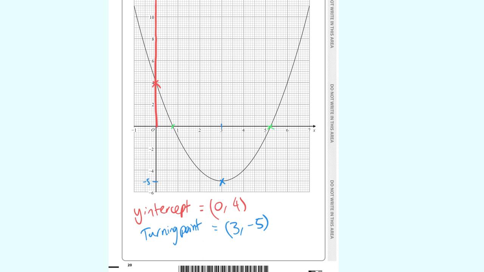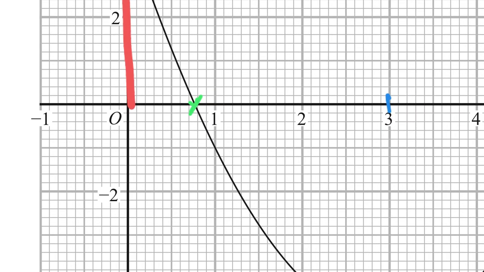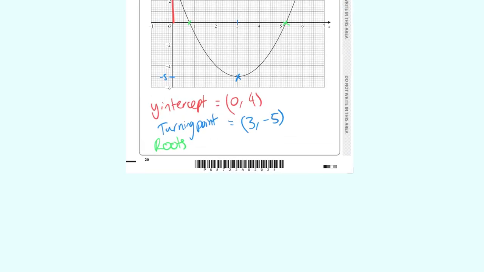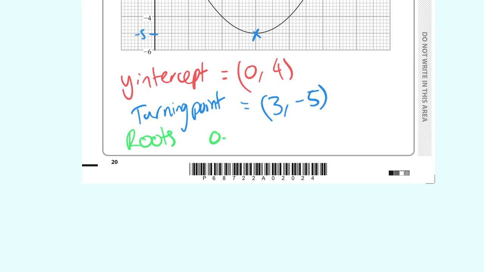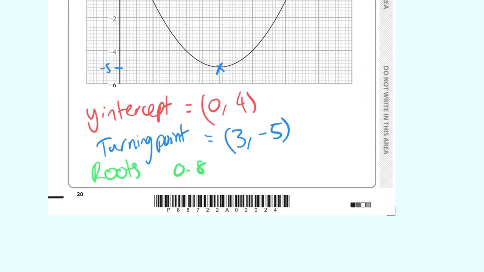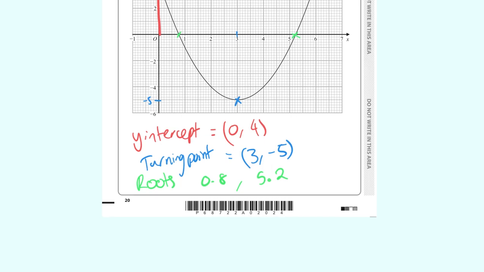Now they are estimates, so they don't need to be perfect. Alright, so we're looking, I think, what's that, 0.8? I'd say 0.8. And then 5.2. Alright.